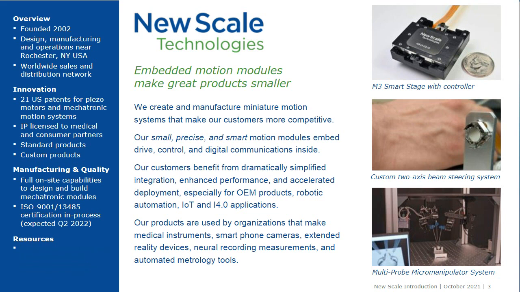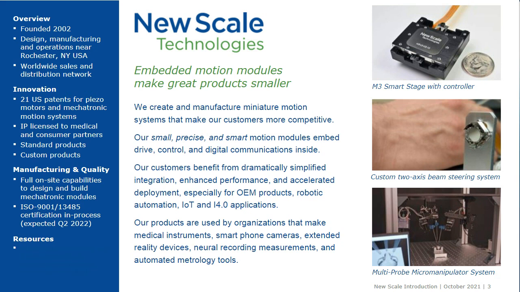When I say small, I mean we make motion devices that can focus the lens in your smartphone, and we focus lenses in cameras that are that small for medical applications. Precise means sub-micron closed-loop control, and smart means that inside each module is a complete drive and control electronics circuit along with embedded firmware.